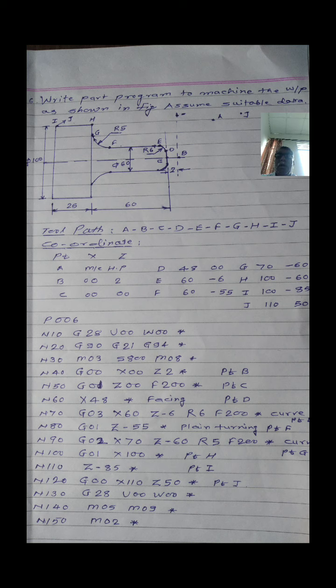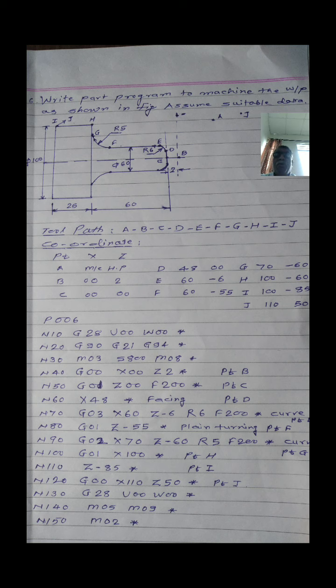As there is radius turning or curve turning, you have to mention the starting point of the arc and the end point of the arc. The starting point is mentioned in block number 60, that is X48, the starting point of the curve, point D, and the end point is the point E. In between you have to use the circular interpolation function to perform the radius turning or curve turning as shown in the figure.